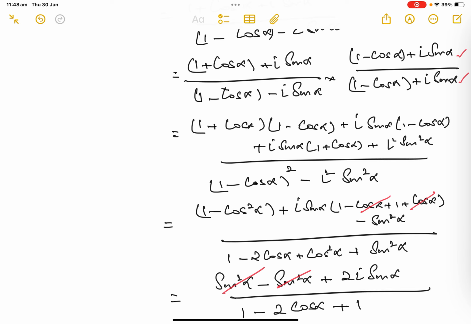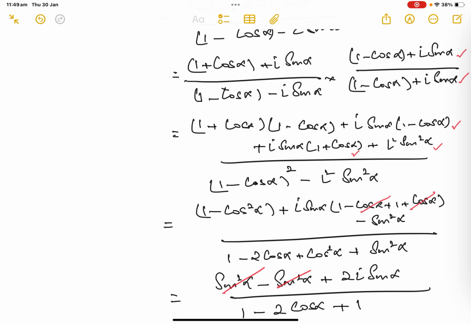Now the numerator is expanded. First, 1 plus cos alpha times 1 minus cos alpha, then 1 plus cos alpha times i sin alpha, then i sin alpha times 1 minus cos alpha, and i sin alpha times i sin alpha, which is i squared sin squared alpha.